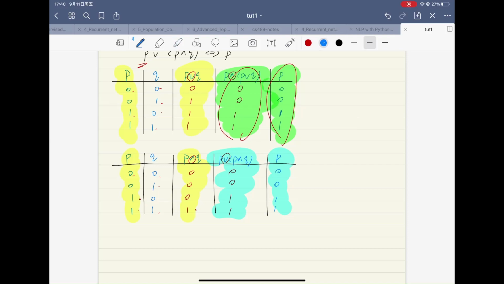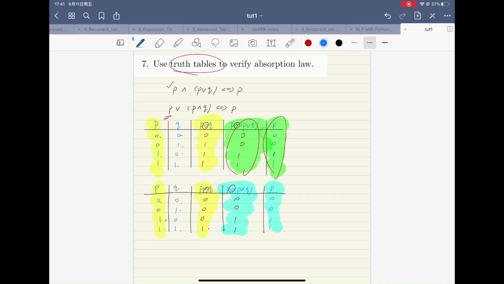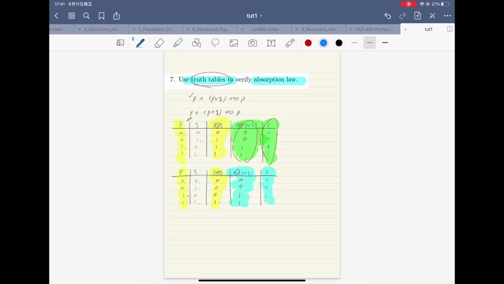Both columns are identical, right? So same thing, these two propositions are equivalent. So we use the truth table to verify the absorption law. Done.